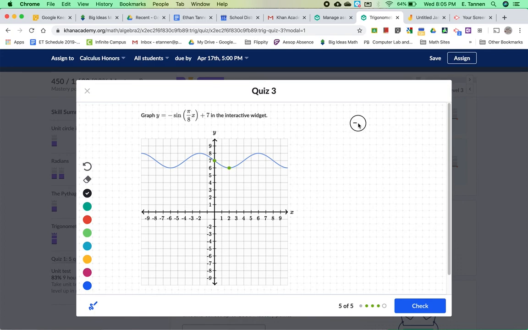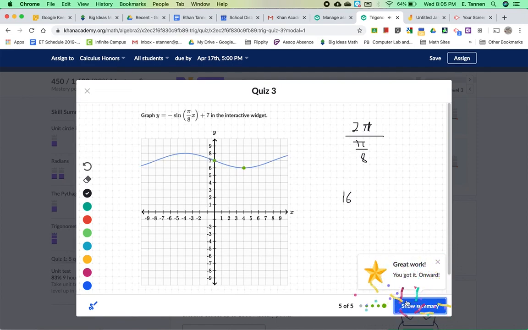If b is pi over 8, 2 pi divided by pi over 8 multiplied by the reciprocal, that's going to give me 16, right? So this is a quarter of it, so a quarter of 16 is 4. We got it.